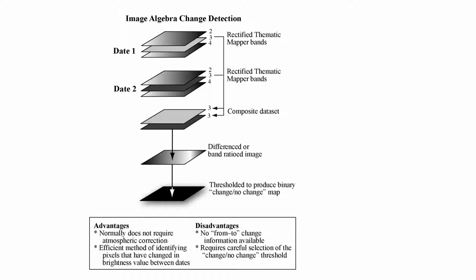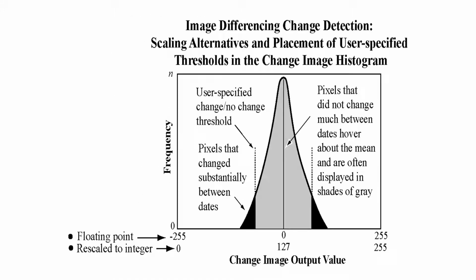What's the ratio of band 2 to band 3? And we get these two ratioed bands or composites, and we then simply look at the difference. Then we apply a threshold of how different it has to be, and that gives us our results.